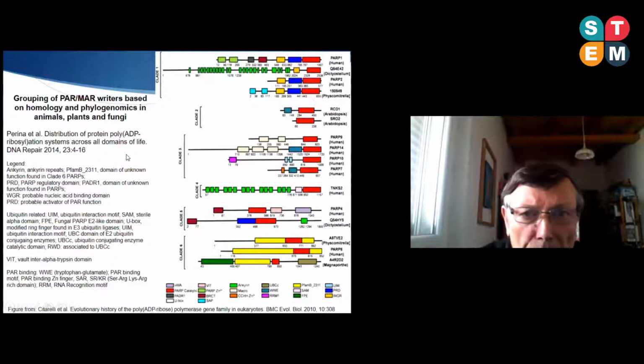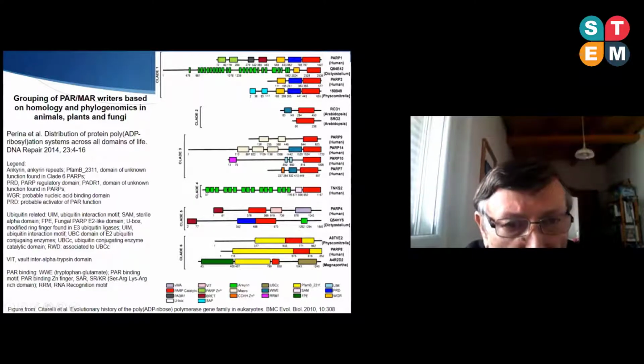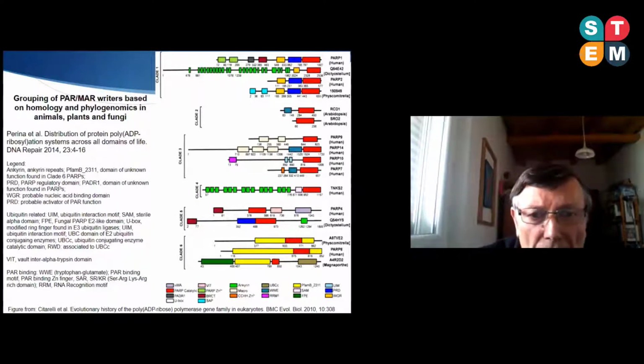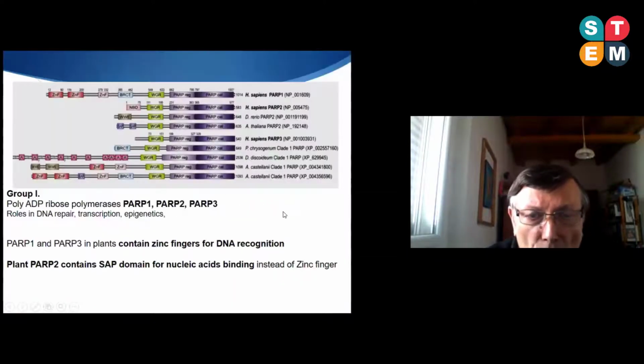And in the kingdom of life, we have about 250 PARP sequences, and they are grouped by their homology. In group 1, we have human PARP 1, PARP 2, PARP 3, and plant PARP 1 and PARP 3 that contain zinc fingers, and PARP 2 that contains another domain that binds nucleic acid.